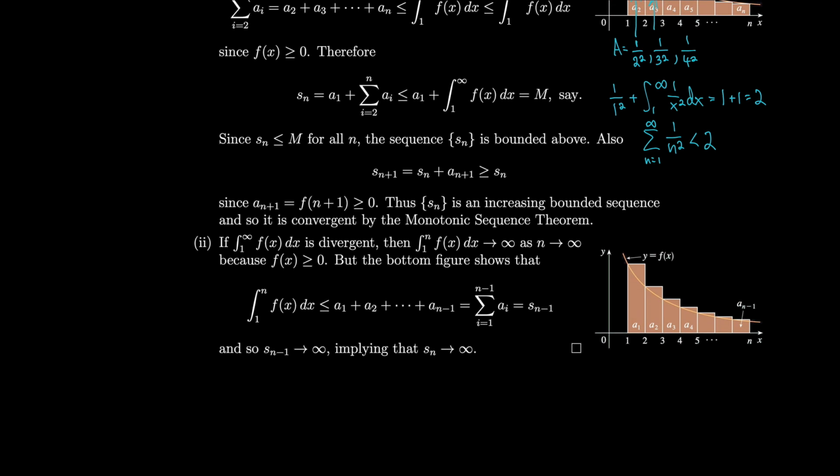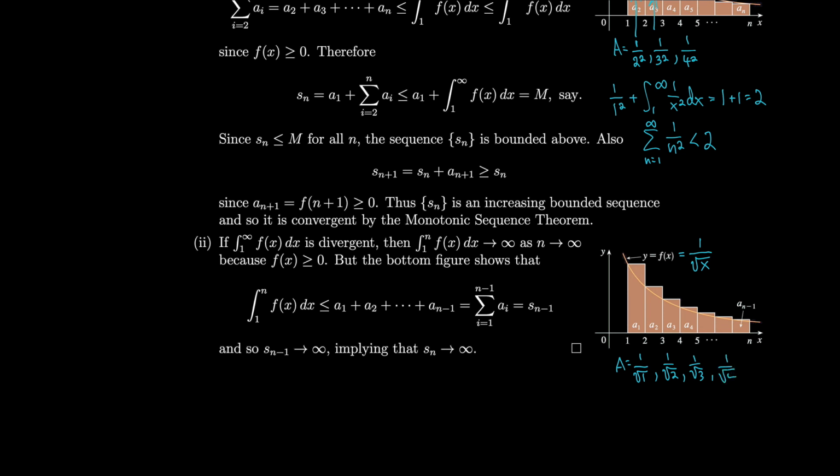So as an example, we already looked at 1 over n, so how about we look at 1 over square root of x. In that case, our first rectangle has an area of 1 over square root of 1. Then we get 1 over square root of 2. Then we get 1 over square root of 3, and so on.